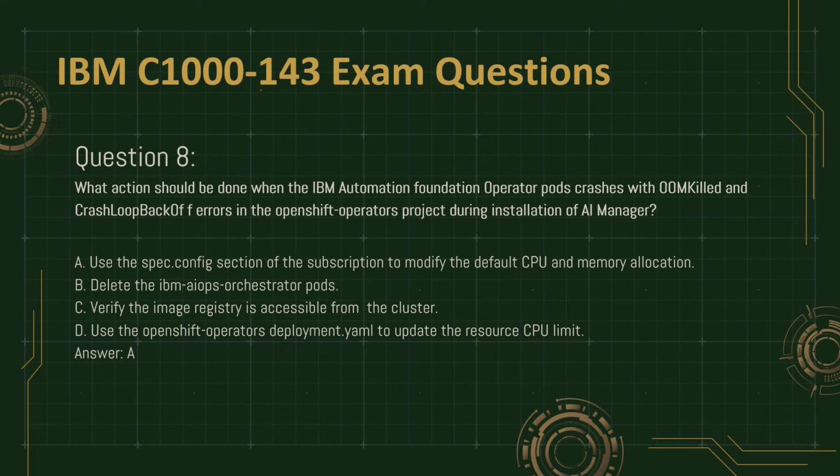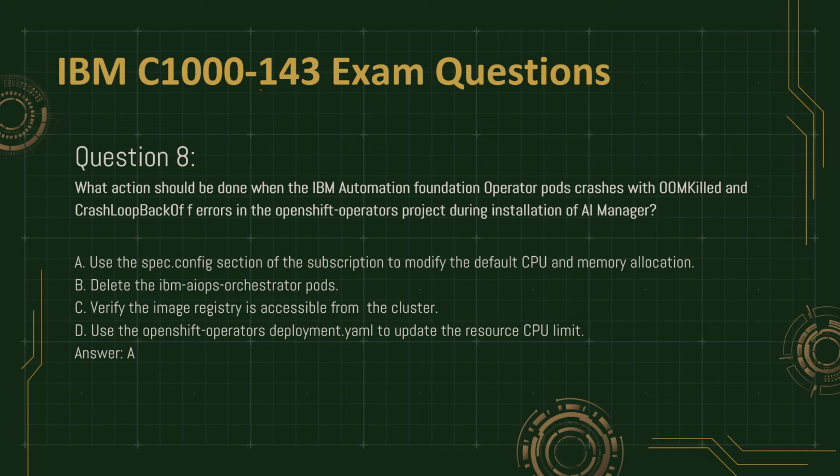Question 8. What action should be done when the IBM Automation Foundation operator pods crash with OOMKilled and CrashLoopBackOff errors in the OpenShift operators project during installation of AI Manager? A. Use the spec config section of the subscription to modify the default CPU and memory allocation.